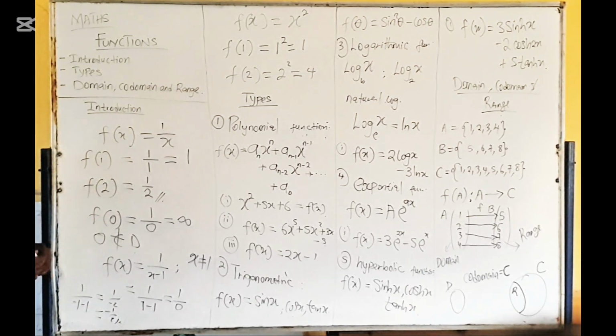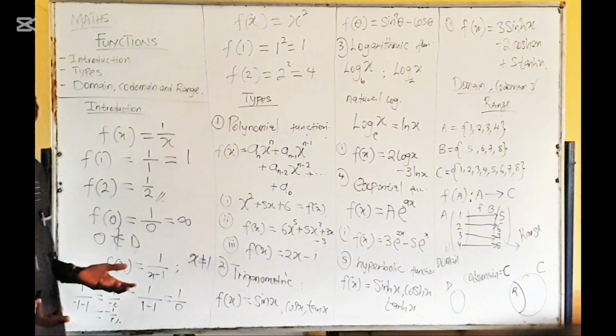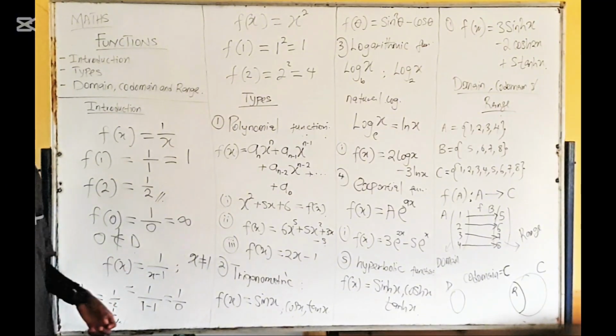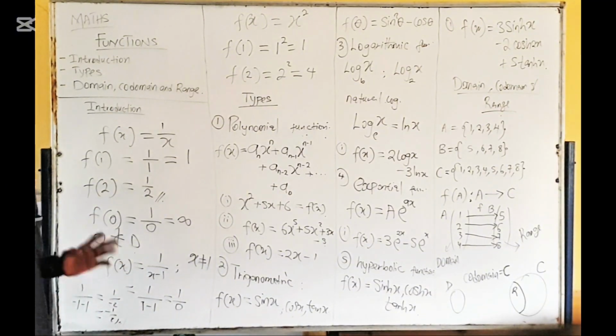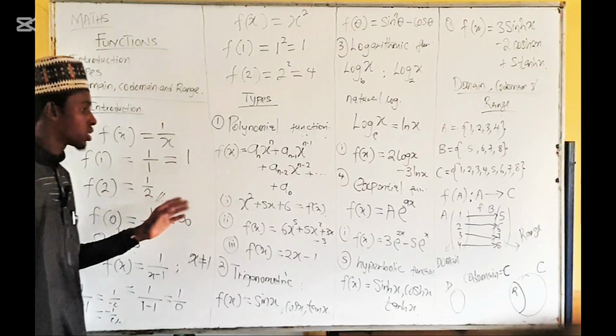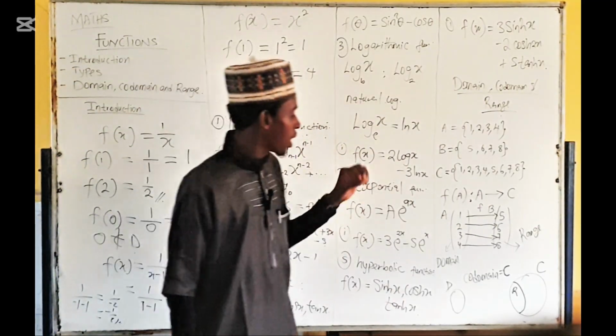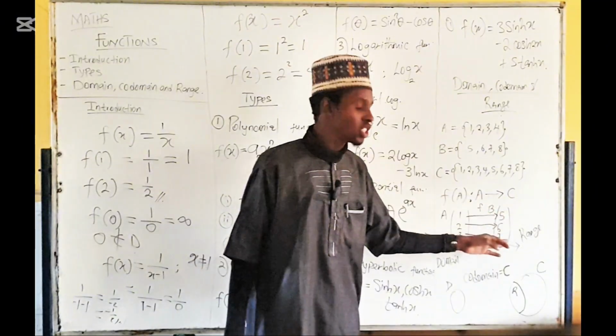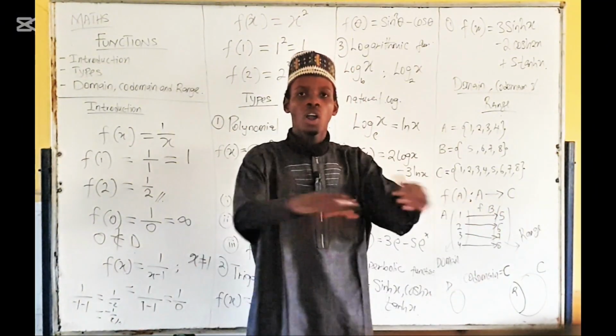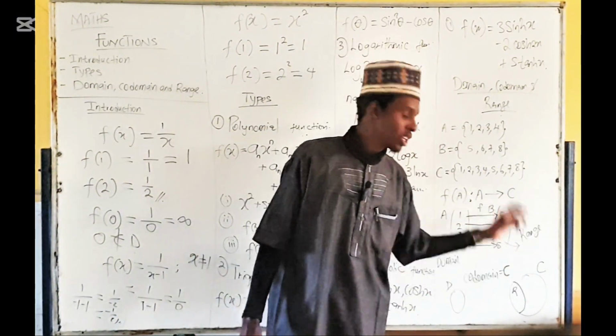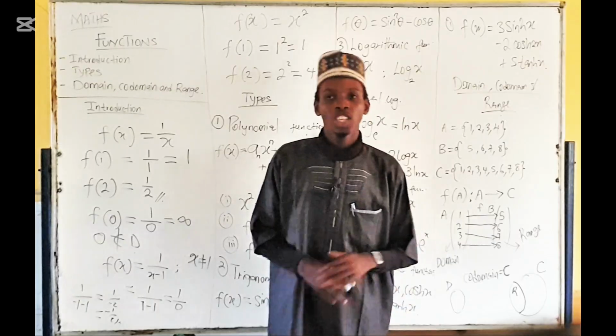Minus 1 over 2 is defined, because it is a negative number. I hope we understand. So the inputs of our functions are the domain, the outputs of our function are the range, while the set containing all the possible outcomes is the codomain.